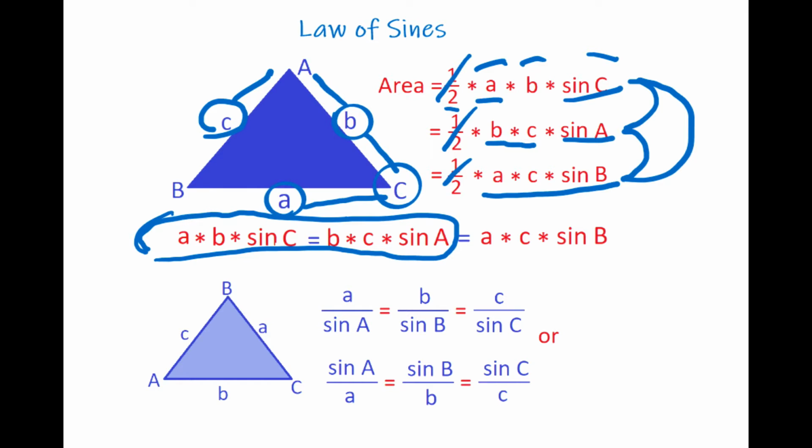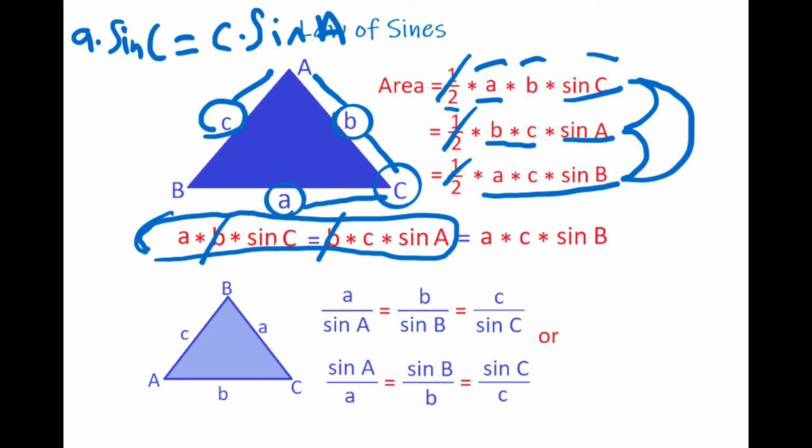Because b is on both sides, just simplify b values, and then what we have is a times sine c, okay, just let me write here, a times sine c is c times sine a. And here, if you want to write them as a cross multiplication, or divide both sides by a and then c, then what you're going to have is this, actually.